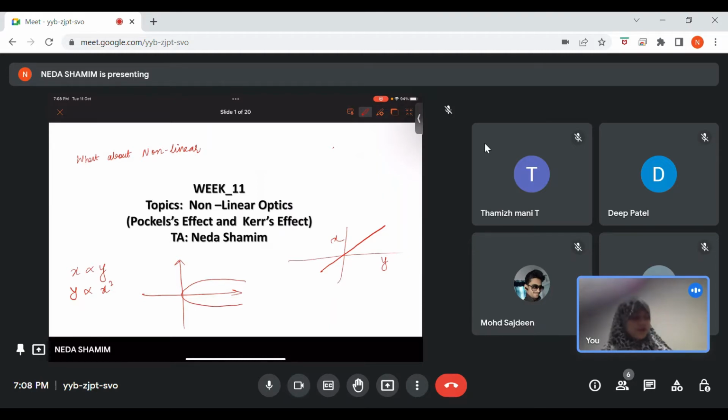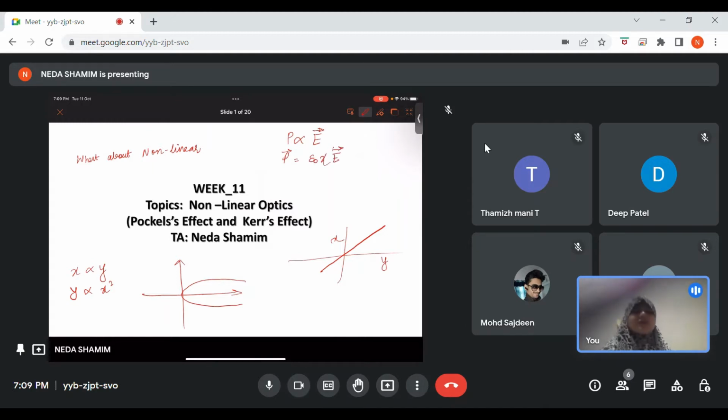We were first considering that the polarization is directly proportional to the electric field, with constants like the epsilon and the electrical susceptibility. That is, P is equal to epsilon chi E.